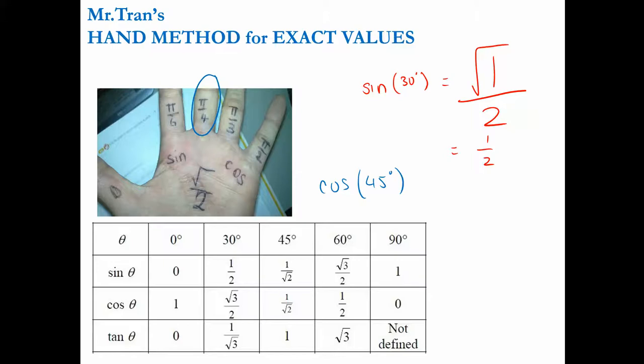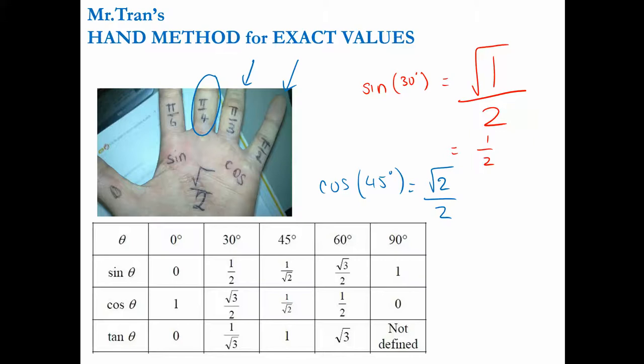The question is, how many fingers do I have on the right-hand side? Because it's cos, and cos is on the right-hand side. I have 2 fingers left over here. So putting it into the formula, it's square root of the number of fingers on the cos side, 2, divided by 2.